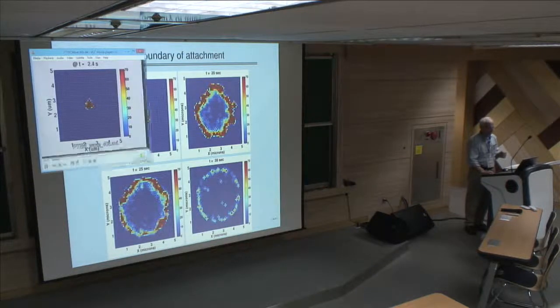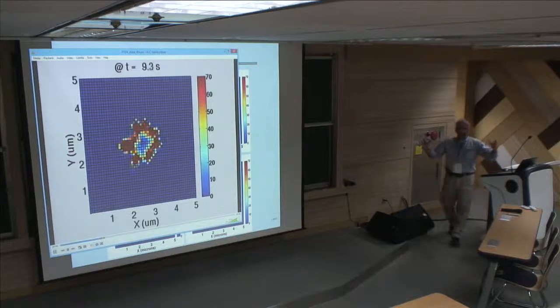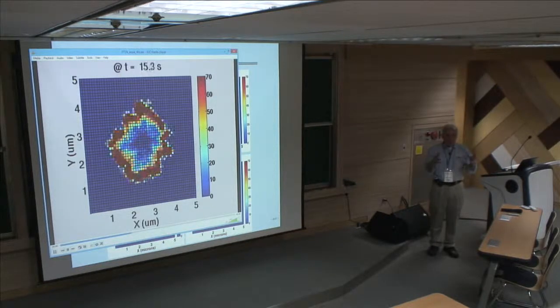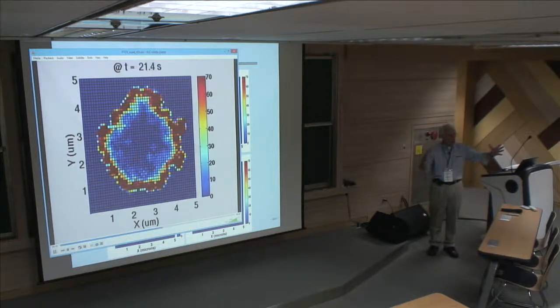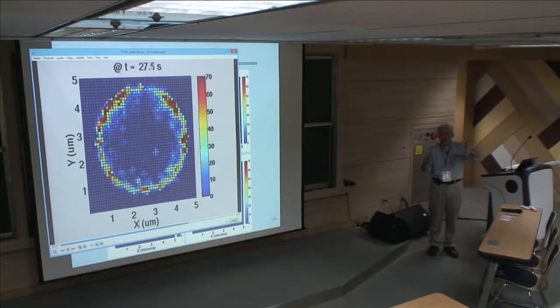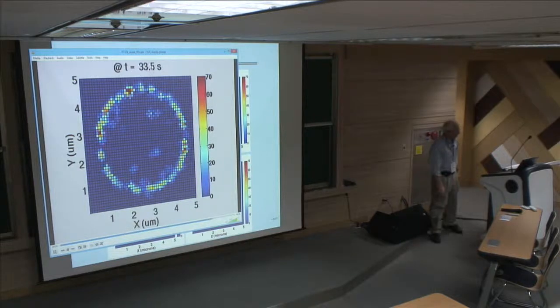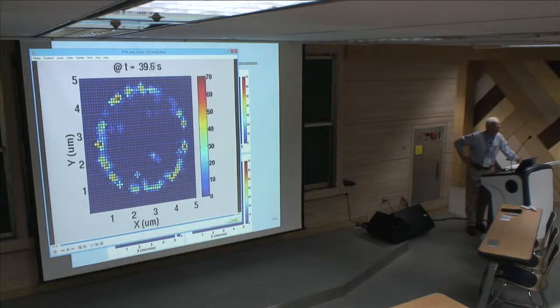And the answer here is that it reaches the boundary and it stalls and it dies. The interesting thing experimentally is that you frequently see waves reaching the boundary and then effectively reflecting. They sit there for a while and then they reinitiate at the boundary and propagate toward the interior. We don't have that aspect in there yet.